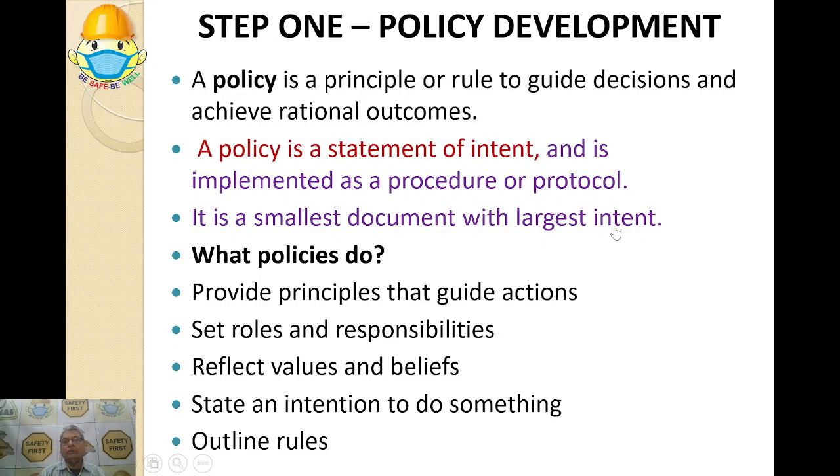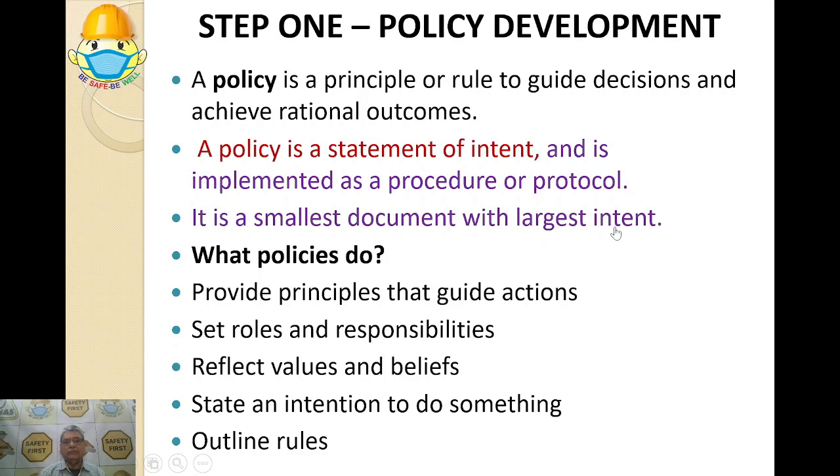Again we will try to understand this with the help of an example. I was working with one of the big pharmaceutical companies some years back. There we had an EHS policy. It was a one-page document with around 10 to 12 statements. But there was an annexure attached to it.